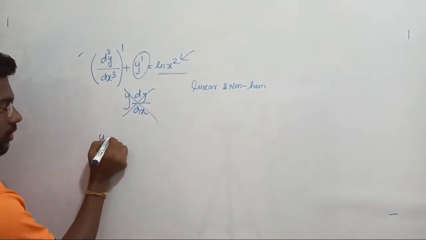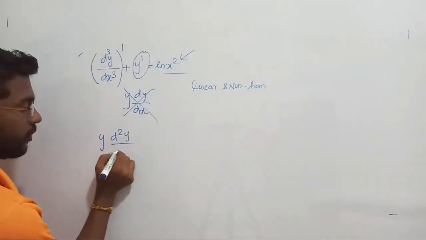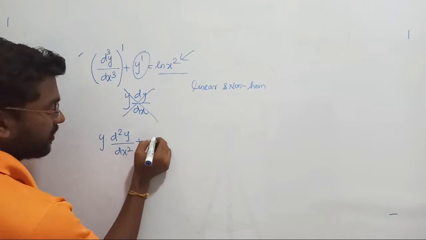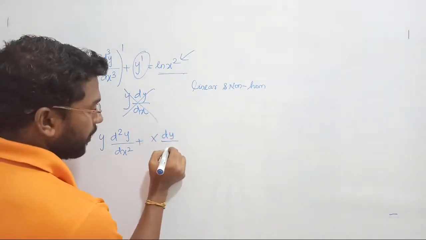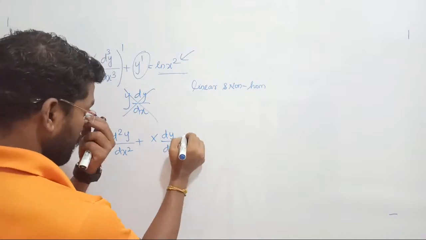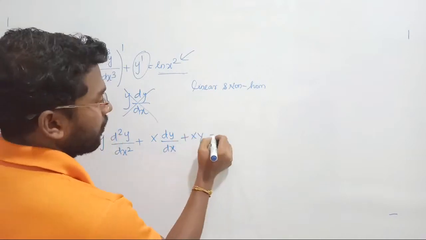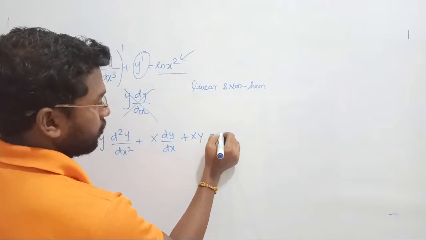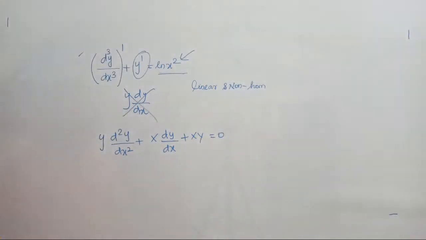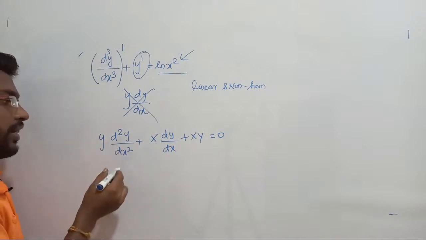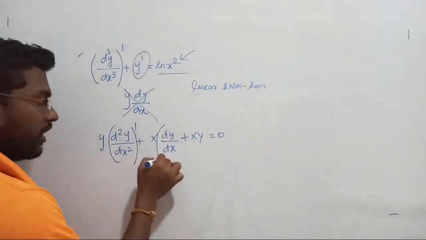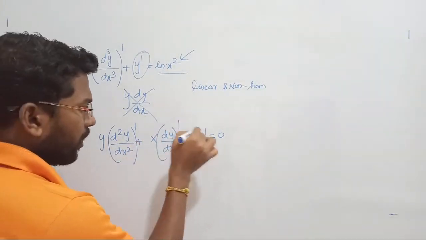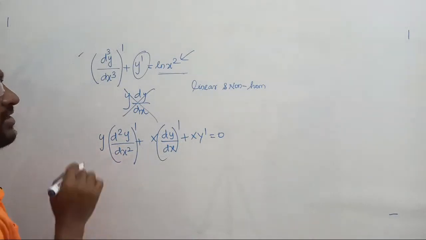Let me write y into d square y upon dx square plus x into dy by dx plus x into y is equal to 0. Is it linear or non-linear? Non-linear. Why? The degree of the differential coefficient is 1 and the dependent variable is 1, so the first condition is satisfied.